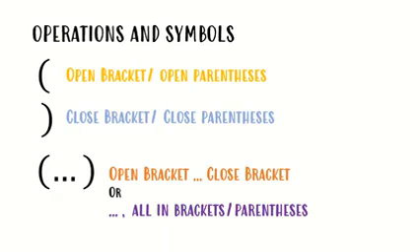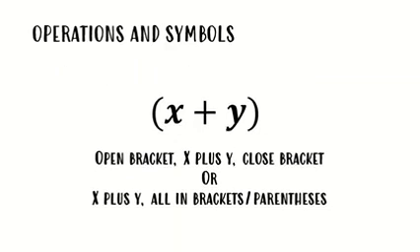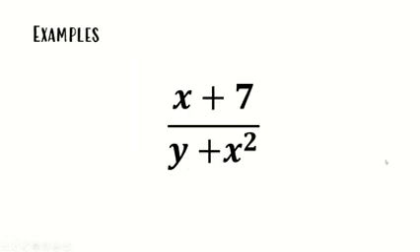So XYZ, all in parentheses. Let's look at some examples of this as well. Yeah, so this would be x plus y, all in parentheses or all in brackets, or you could say open bracket x plus y, close bracket. Yep.